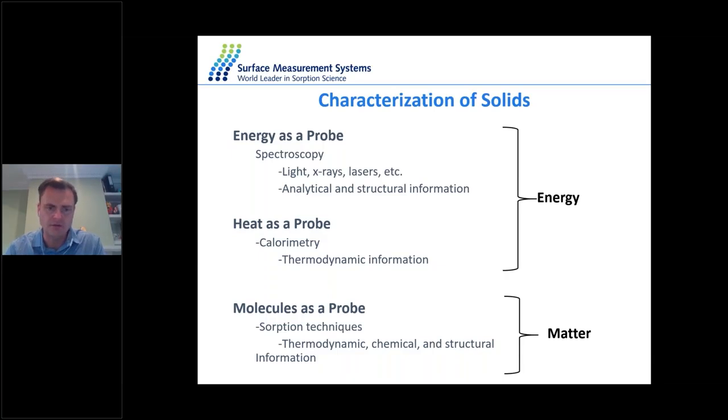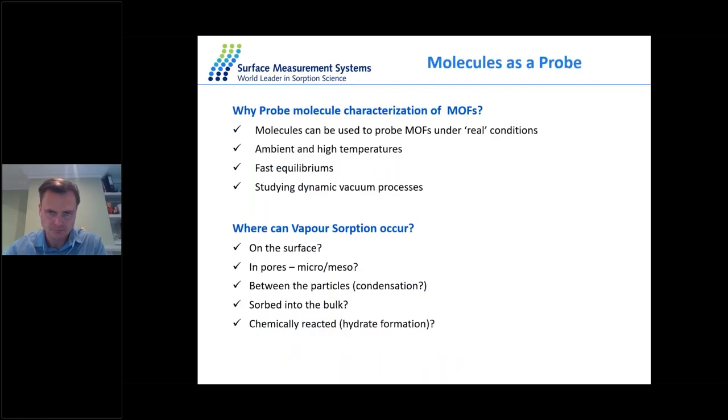But in today's talk, we would like to focus on molecules as a probe. In this way, we're going to look at the absorption technique, which will provide information about thermodynamics, chemistry, and the structure. So we use matter to probe the study of materials.